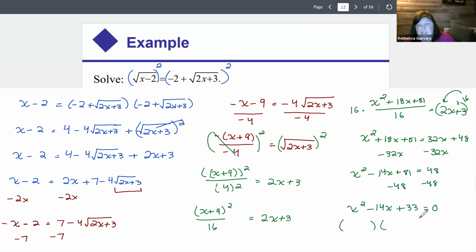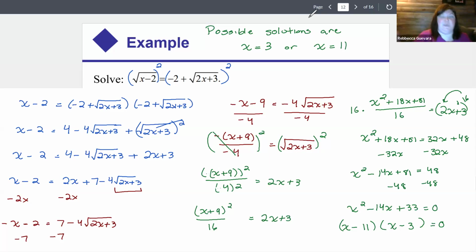So what this would factor into is x minus 11, x minus 3. If you add those together, we get minus 14. Multiply and we get positive 33. So my possible solutions are either x is going to be 3 or x is going to be 11.